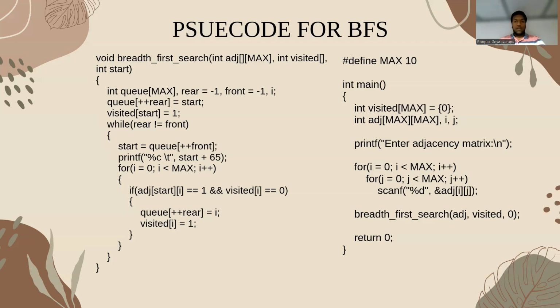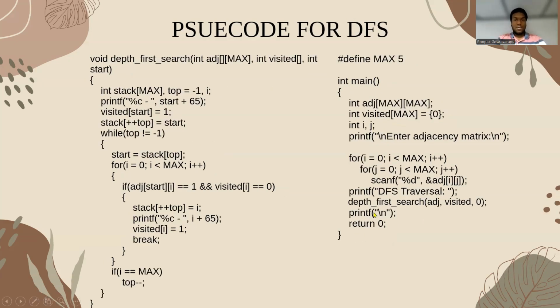Next we have pseudocode for DFS. In the depth first search function, we take the adjacency matrix, visited array, and the starting node. Inside the function, we create an integer array stack of max and set top at -1, meaning the stack is empty.